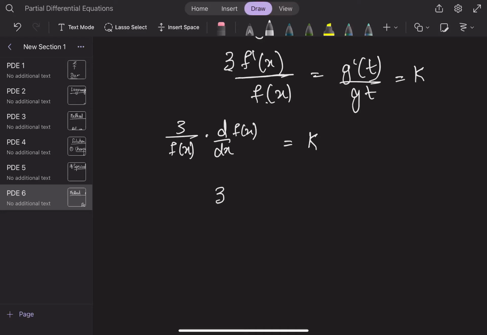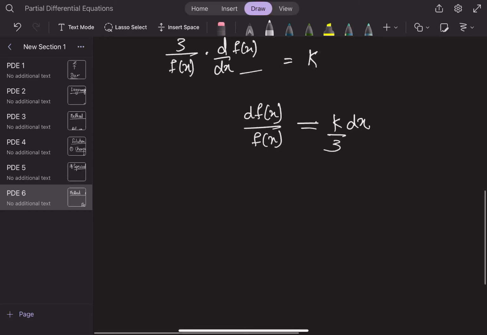So if I write this like this, 3 d(f(x)) by f(x), and I take the dx over there, is equal to k dx. Let's take the 3 to that side as well. And now let's integrate this.